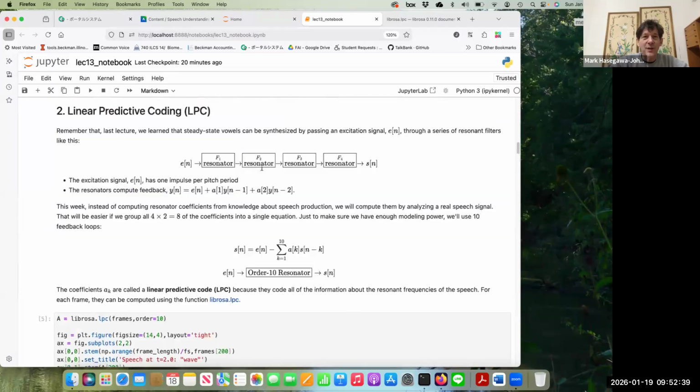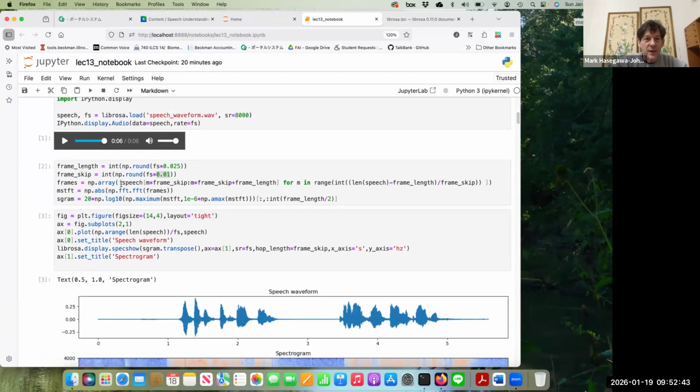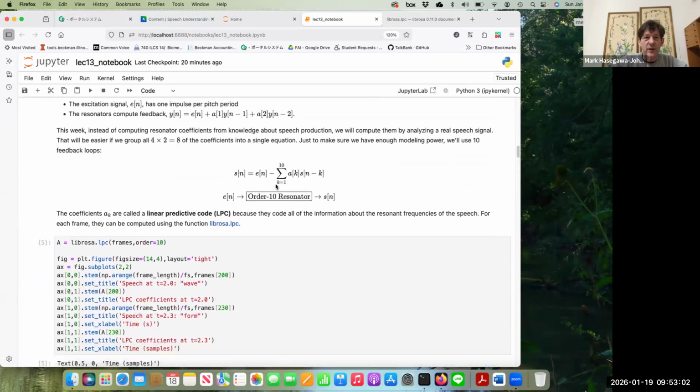If I go back up here to where I calculated the frames, here we go. The frames skip by only 10 milliseconds between frames, but the length of the frame is 25 milliseconds. And so they overlap by a great deal. In order to resynthesize the speech, the first thing I need to do is to get rid of that overlap.